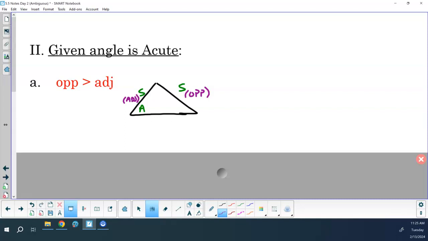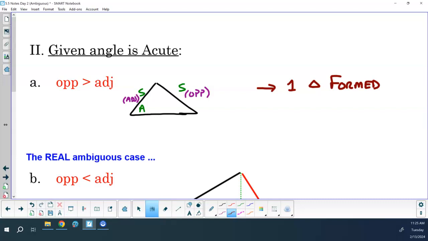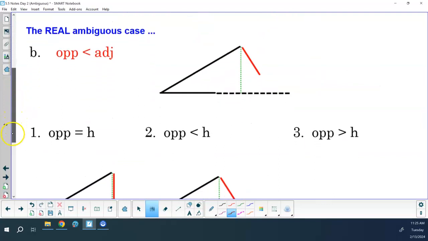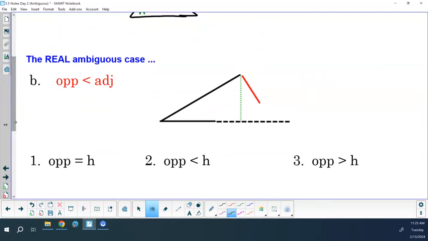So if the opposite side is bigger than the adjacent side, we get one triangle. If the adjacent side is bigger, then we're in the ambiguous case.